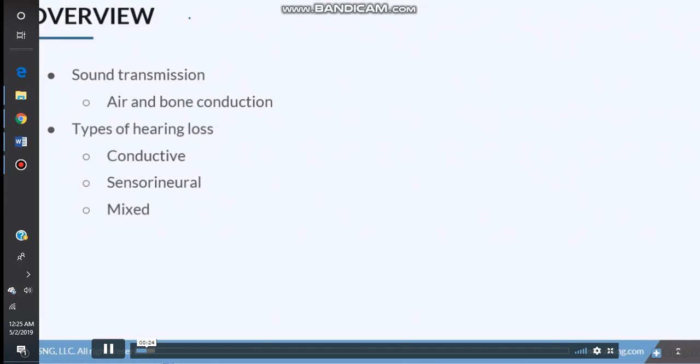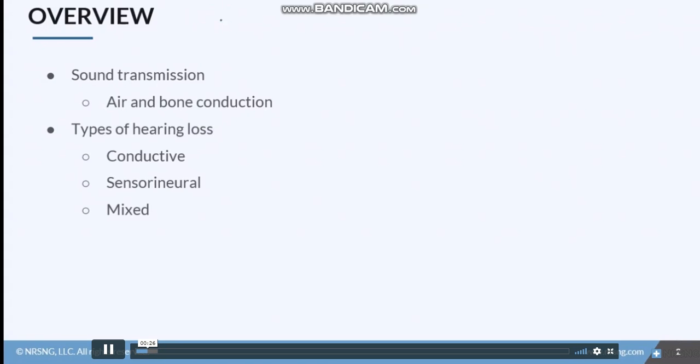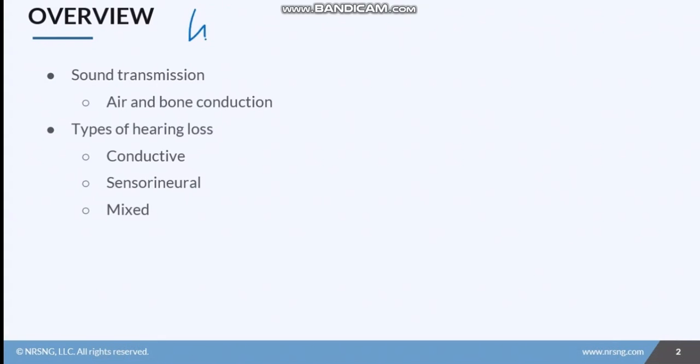Okay guys, so hearing loss is when the hearing acuity is decreased. This can be caused by alterations in the external, middle, or inner ear. Sound in general is transmitted by air and bone conduction.